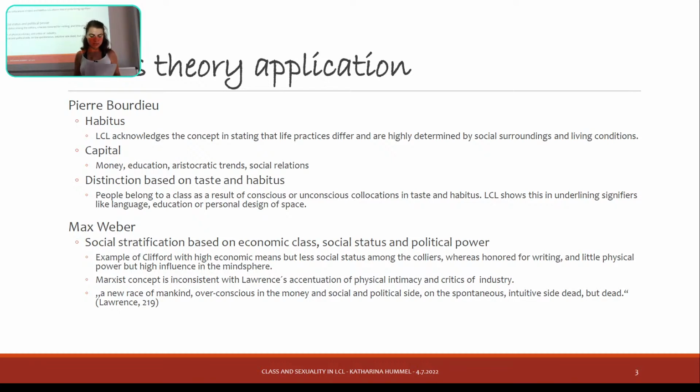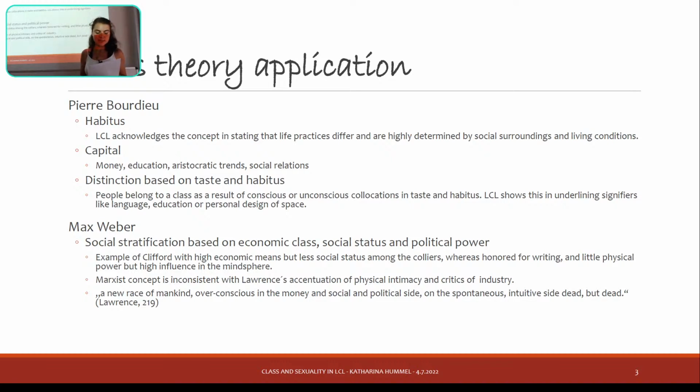So much to this. Then I want to go on with distinction based on taste and habitus. I already touched upon it, but as Bourdieu says, people belong to a class as a result of conscious or unconscious collocations in taste and habitus in the social space. And Lady Chatterley's Lover shows this in underlining signifiers like language, education, or personal design of space.